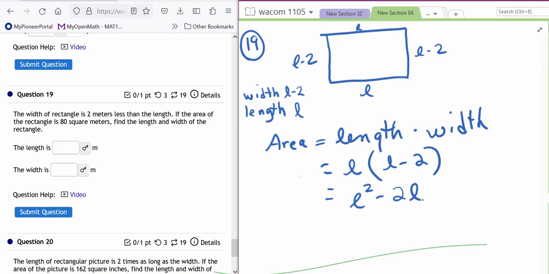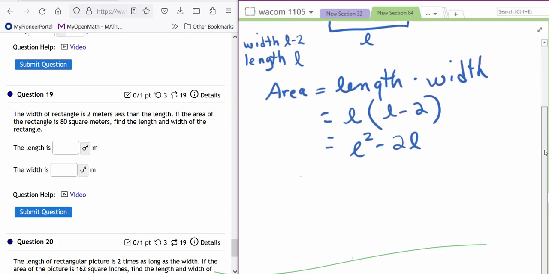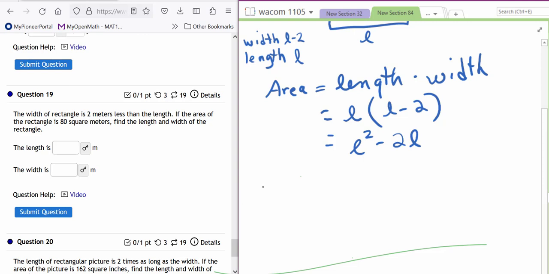Now, they have told us that the area is 80. So area equals 80. That was given in the problem, and I'm not worried about the unit. So we figured out an expression for the area: L squared minus 2L equals 80.